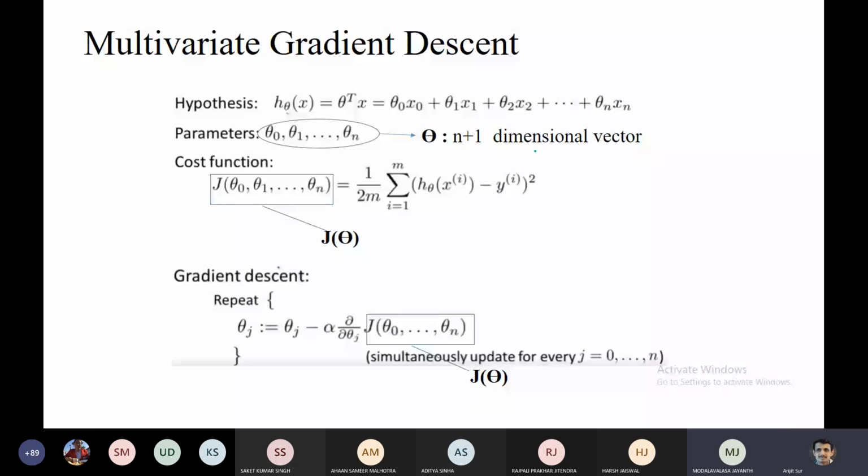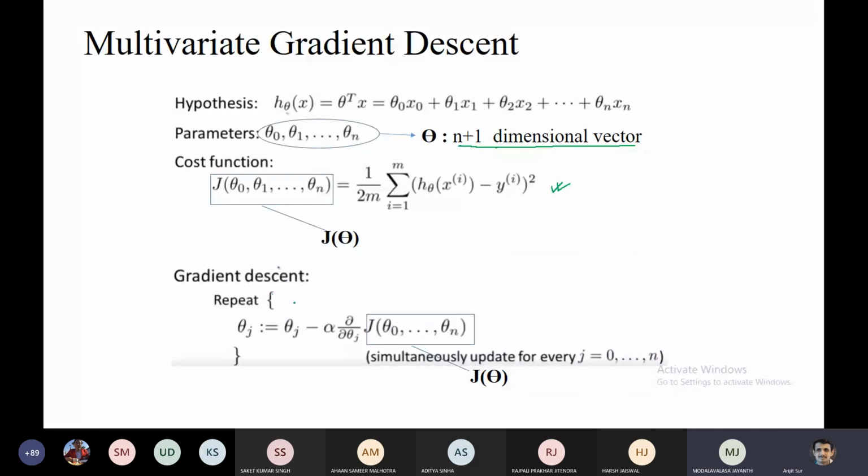The cost function is the same thing, only theta is now a high dimensional vector, and J theta is the cost function.